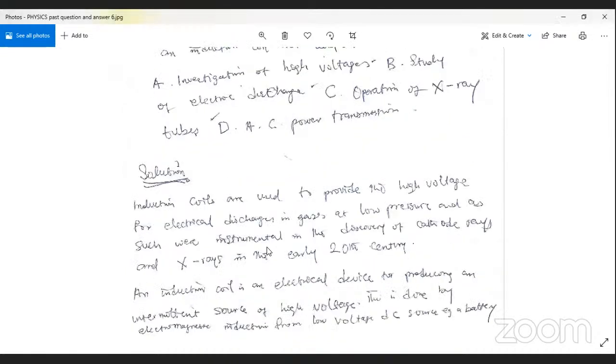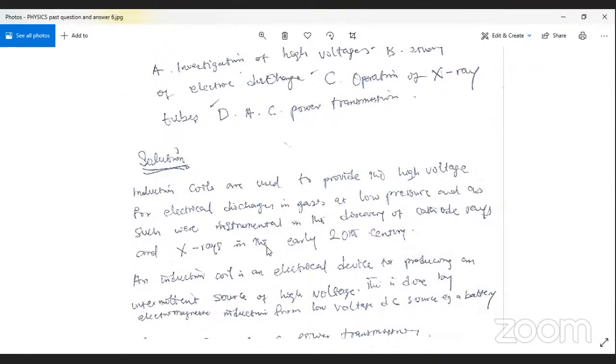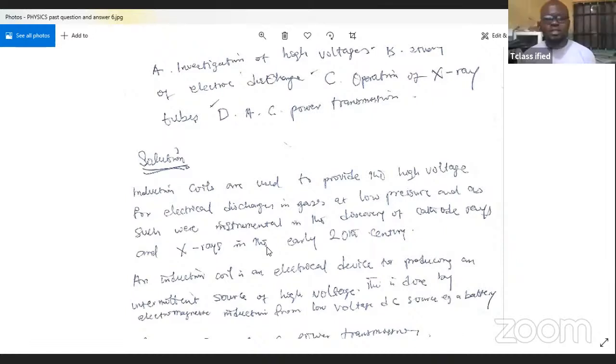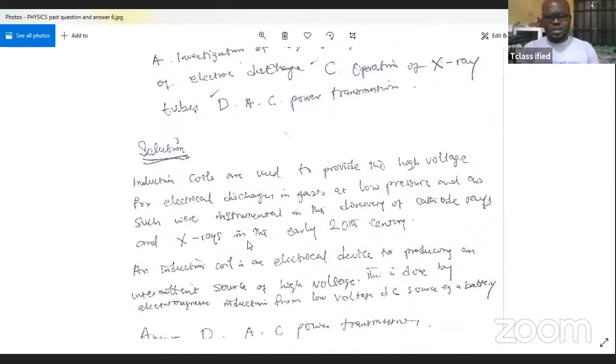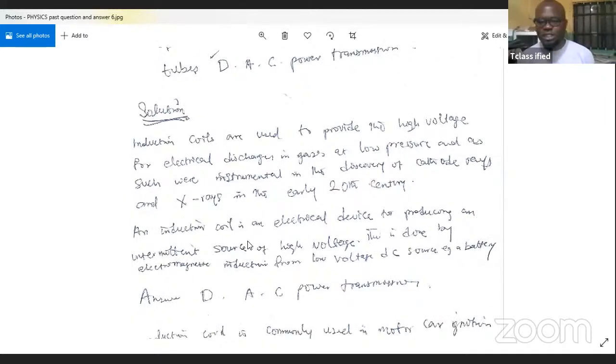The induction coils are used to provide high voltage for electrical discharges in gas at low pressure, and as such were instrumental in the discovery of cathode rays and X-rays in the early 20th century. Now, an induction coil is an electrical device for producing an intermittent source of high voltage.